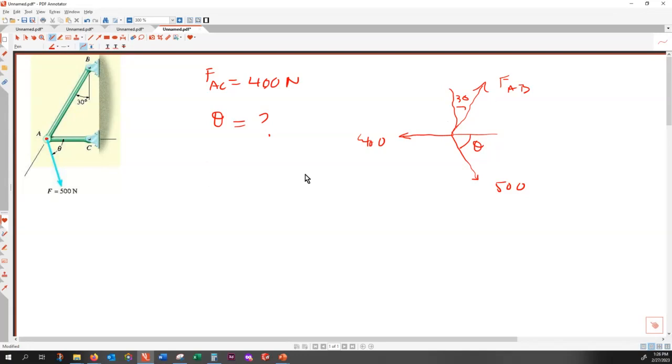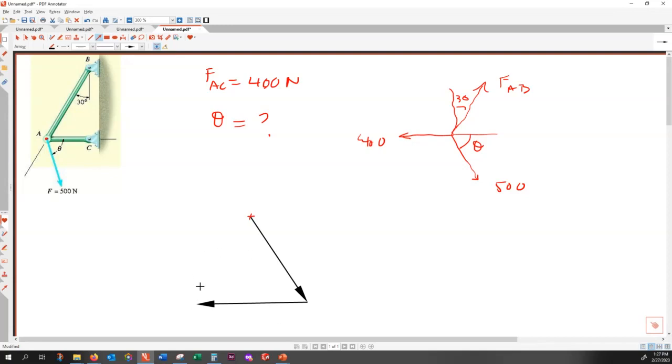All right, now I have to construct a triangle. With this triangle, I start from an arbitrary point. From this arbitrary point, I go with 500 Newton here. And then I apply this force here.